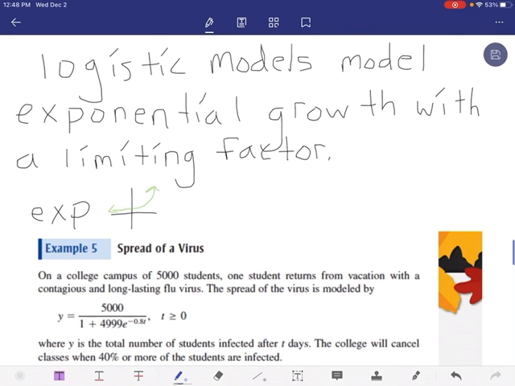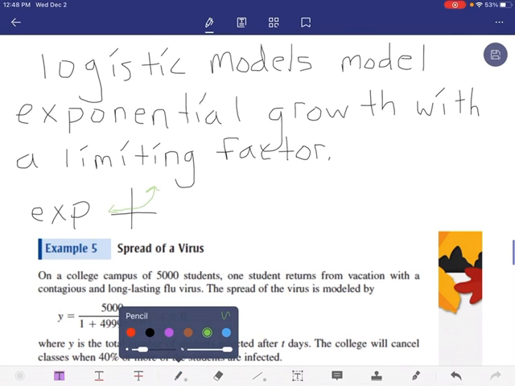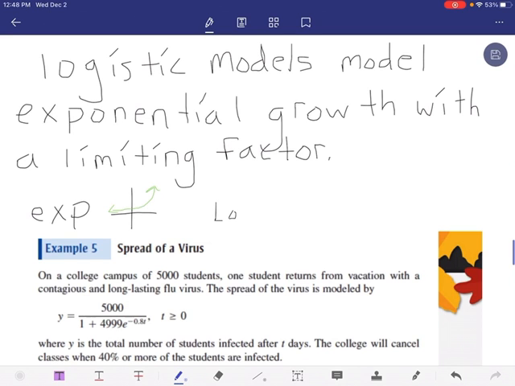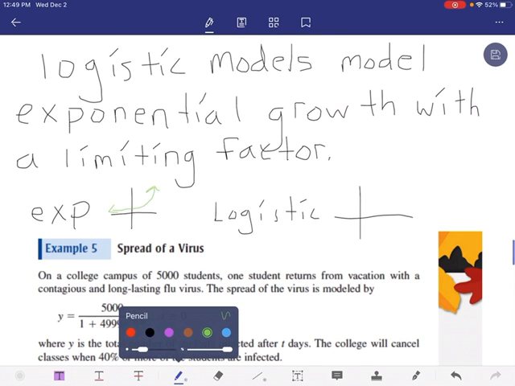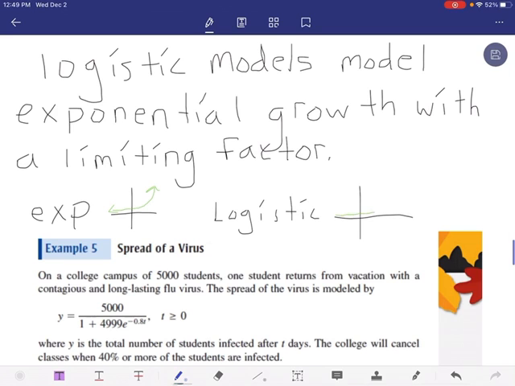Now our logistics graph starts off looking very similar to an exponential, but then eventually it's going to slightly taper off and get closer and closer to some value. So our logistics model actually has two horizontal asymptotes, one on bottom and one on top.